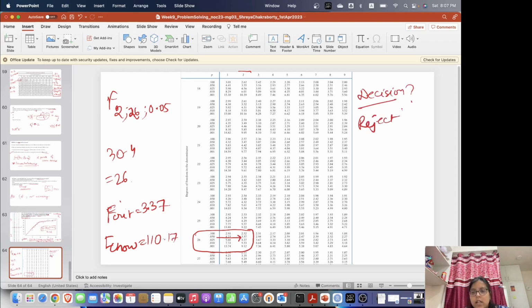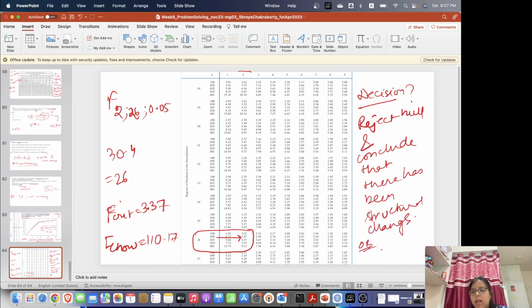We'll reject the null and conclude that there has been a structural change, or in other words, alpha naught 1 is not equal to alpha naught 2 and beta naught 1 is not equal to beta naught 2. Okay, is it clear?